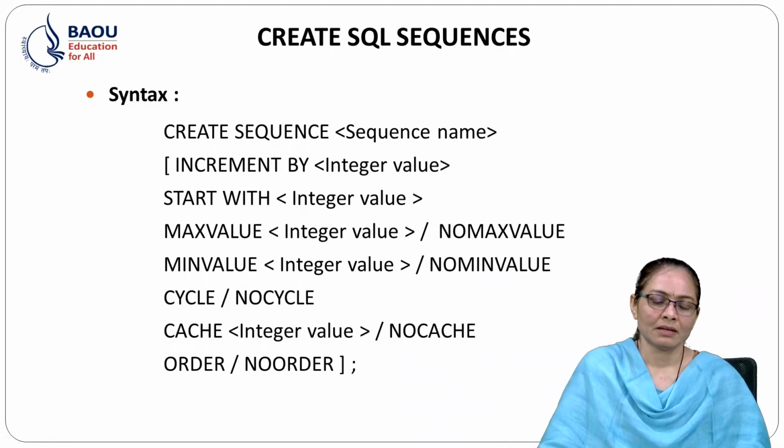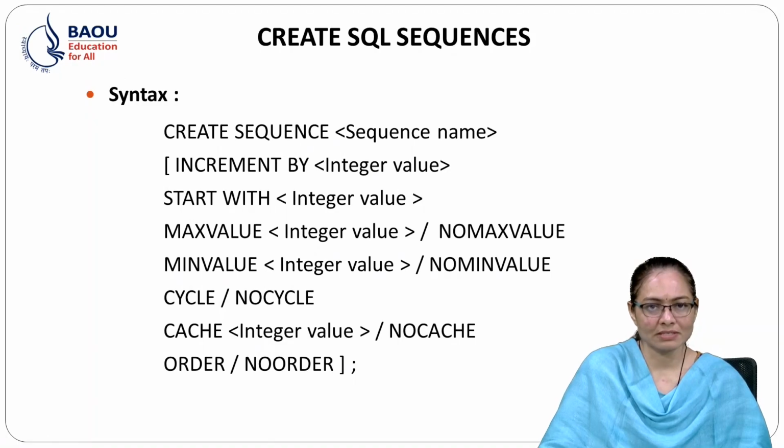Now, one by one, we learn these options. Here, START WITH is used to specify the starting value for the sequence. The default for an ascending sequence is 1. The default for a descending sequence is -1. Now, here is the increment. INCREMENT BY is used to specify the value by which the sequence will be incremented.